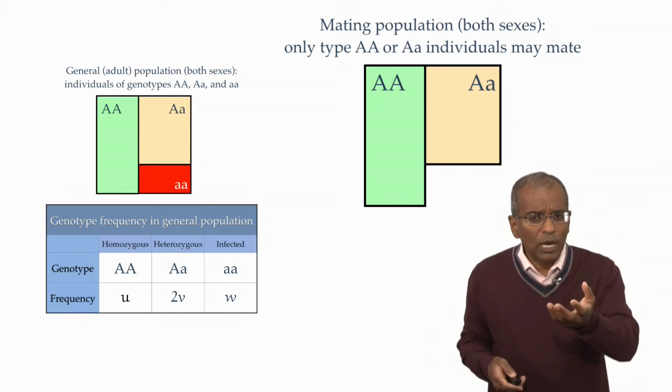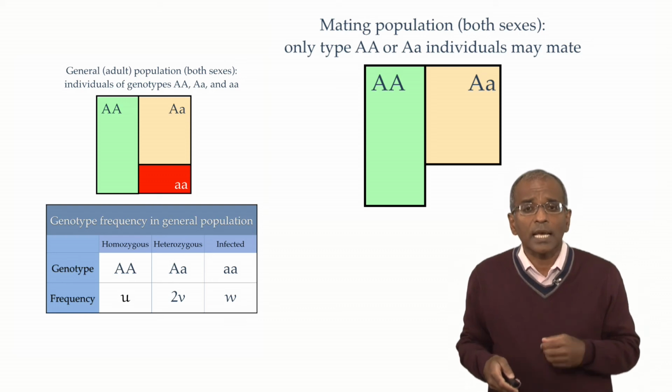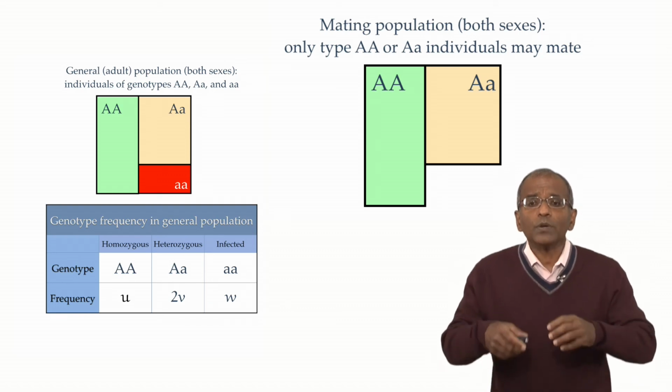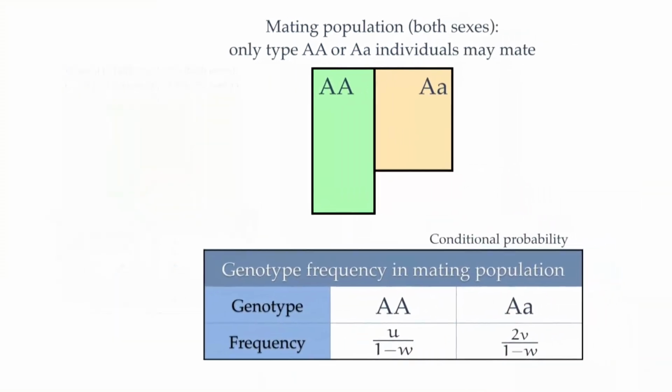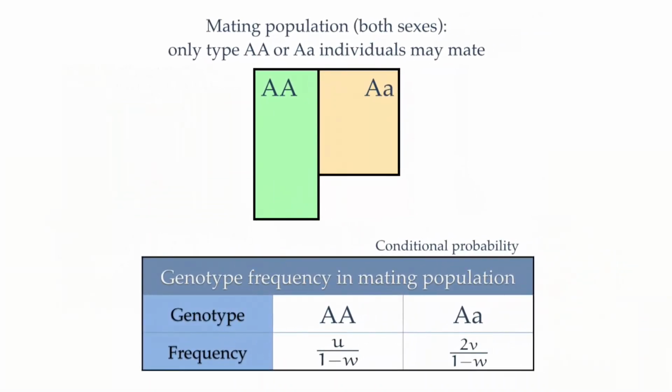Of course, what I've just described for you is just a simple exercise in conditional probability. What we're really asking is the following question. If we remove the sick individuals from the population, and we select an individual at random, what is their genotype?